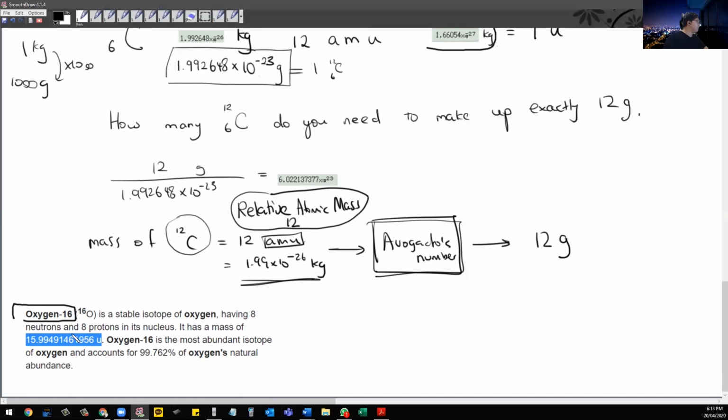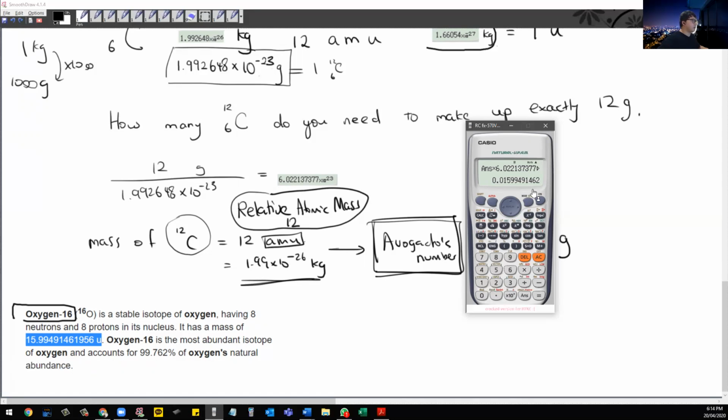So it's correct up to there, and that's in kilograms. So you have to times that by 1,000, then you get 15.99491462 grams. See? So there's a direct transfer from that U to that gram.